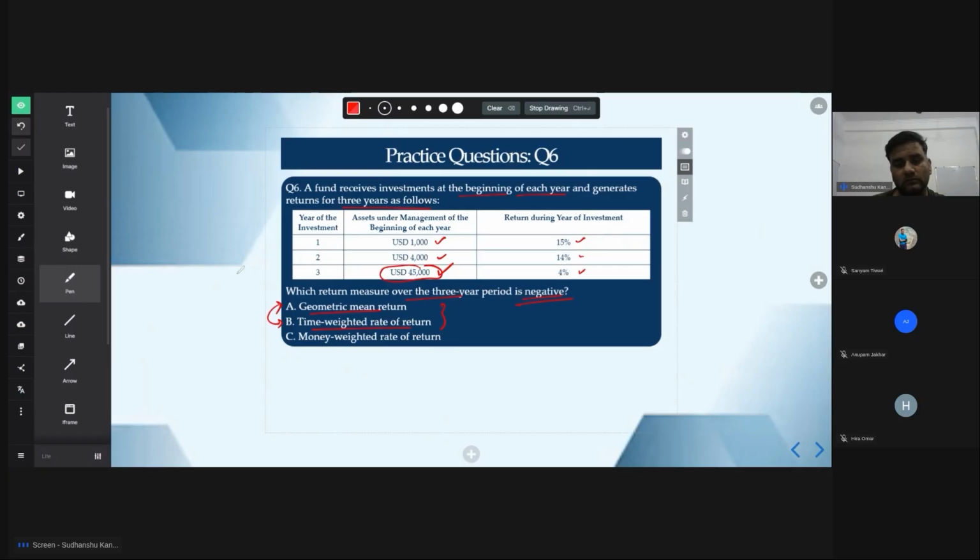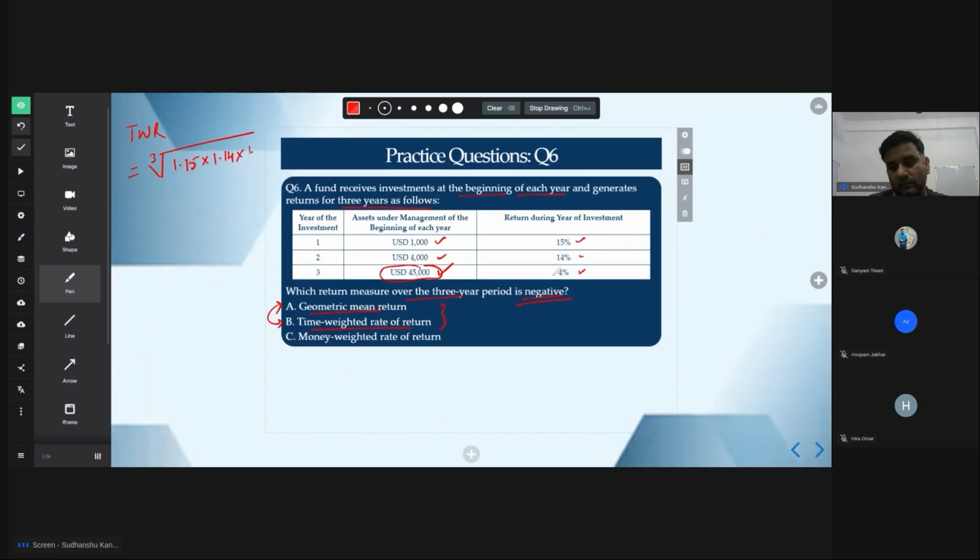If I try to calculate your time weighted return, it is 3 periods, so root of 3, and it will be 1.15 into 1.14 into 1 point... This actually is minus, guys. Maybe there is an error here.